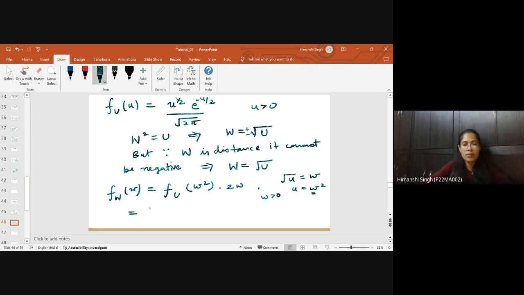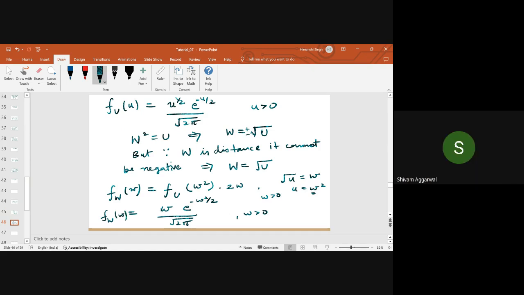Now in place of U, I just need to write W square here. So it will be W e to the power minus W square by 2 divided by under root of 2 pi, for W greater than 0, and then into 2W.